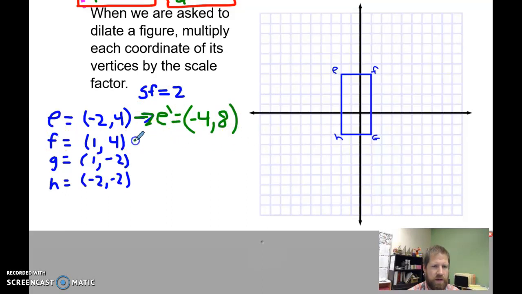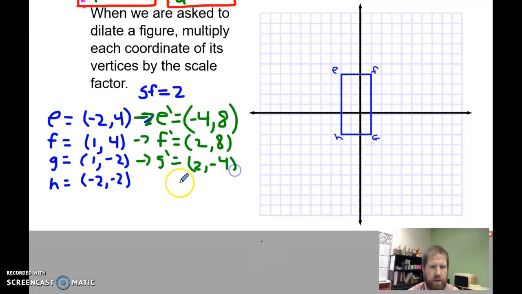F is going to turn into F prime, which equals 2 times 1 and 2 times 4, which is 8. G is going to turn into G prime, 2 times 1, 2 times negative 2, or negative 4, and H becomes H prime: 2 times -2 and 2 times -2, so -4 and -4.